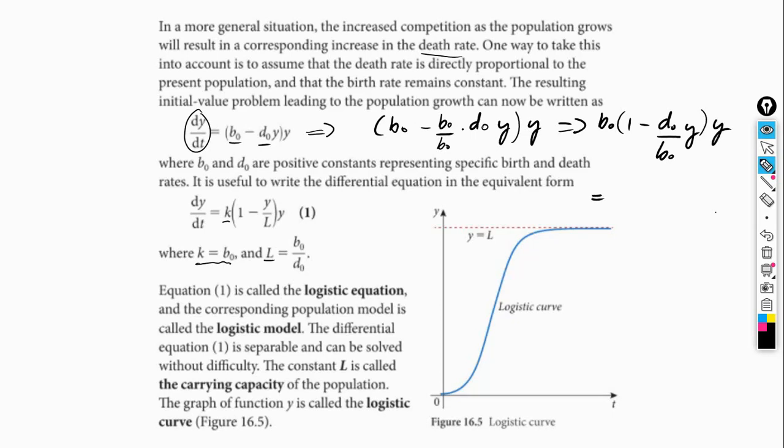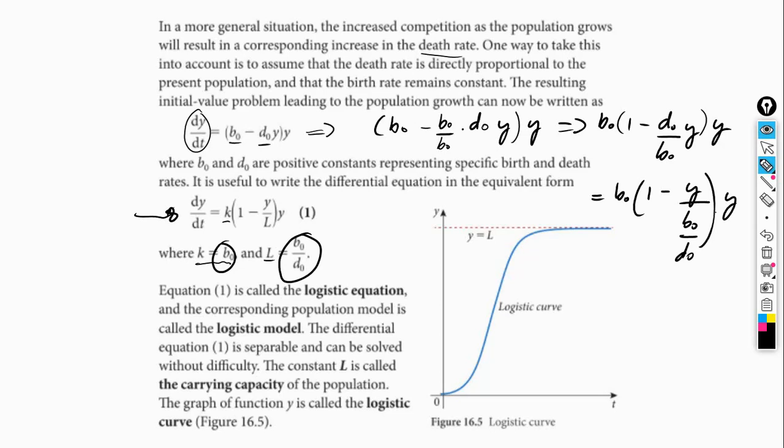And then this is the same as writing it as b sub 0 times (1 minus y over b sub 0 over d sub 0), and this times y. So notice that when you do the substitution, k equals b sub 0 and L equals b sub 0 over d sub 0, you get this expression for equation 1.